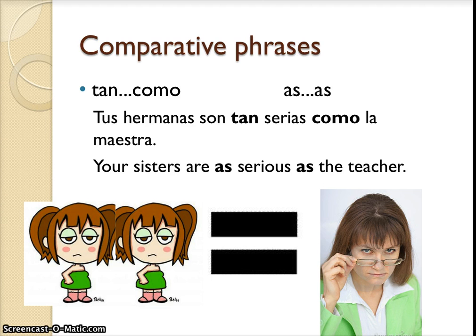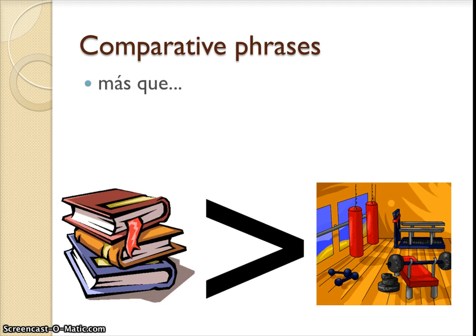Okay? There are three more comparative phrases that do not use adjectives, and they'll look pretty similar to what we've seen already. The first one is más que, which is more than. Notice that instead of having the blank between más and que, they're at the end.